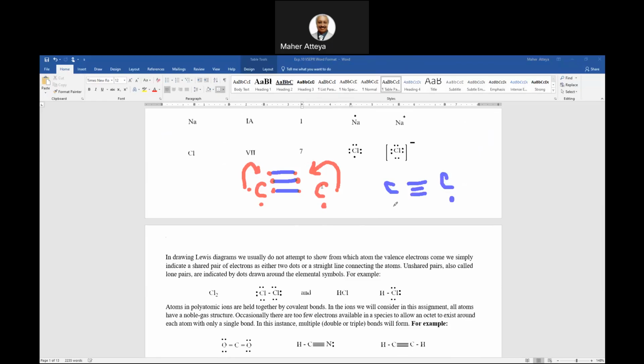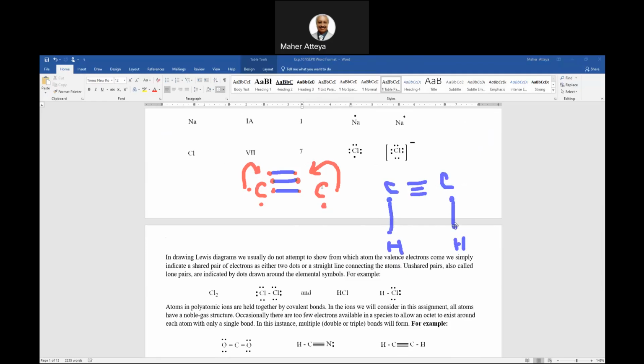And then one electron can be connected to what? To one hydrogen, for example. If I have hydrogen here, I can connect this one to hydrogen.